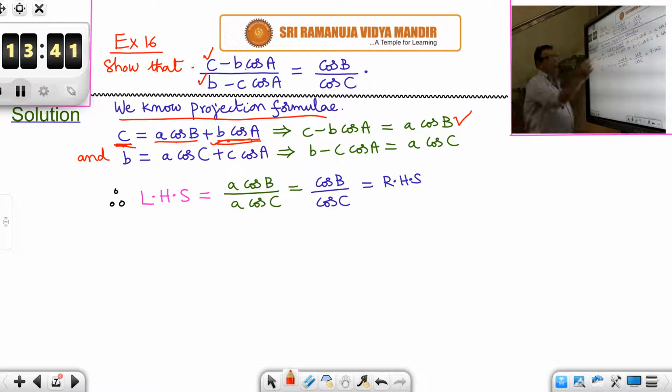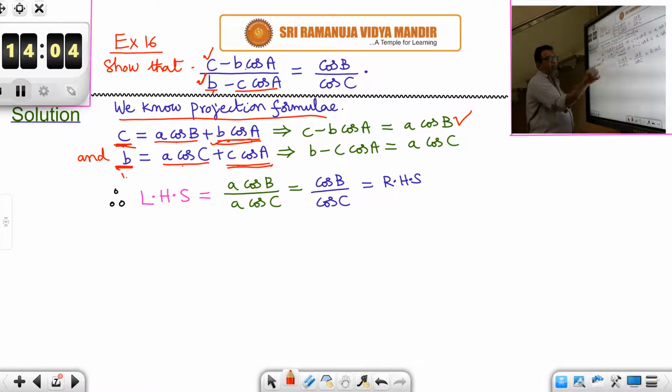Similarly, for this small b, what is the projection formula? B here, so the remaining two letters a and c. So a cos c plus c cos a. That is the projection formula. Another projection formula: b minus c cos a is there. So this c cos a has to be taken to the left side.